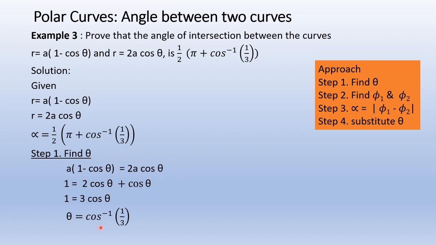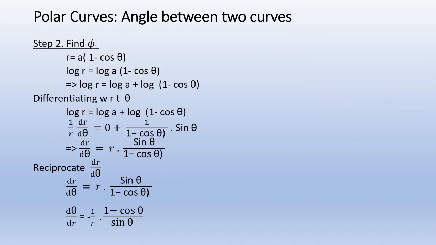Take log on both sides, and using the logarithmic property we get log r is equal to log a plus log 1 minus cos theta. Differentiating, log r is 1 by r dr by d theta. Log a is 0 as a is constant. Log 1 minus cos theta is 1 by 1 minus cos theta. Again differentiating, 1 is 0 and minus cos theta gives minus of minus sin theta, that is sin theta.